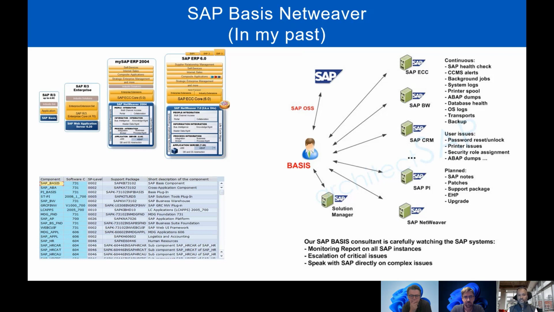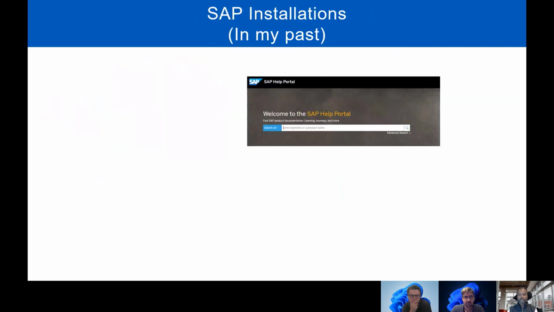Apart from all of these fun things, they also do the most important thing, which is installations, right? I remember in the past, whenever I needed to do an installation, I needed to download an installation guide from the SAP CAL portal. I would type in what type of installation I want, maybe SAP ERP on DB2 running AIX or something like that.